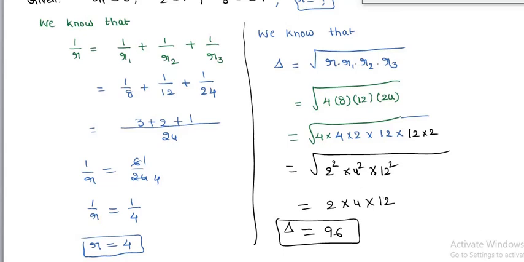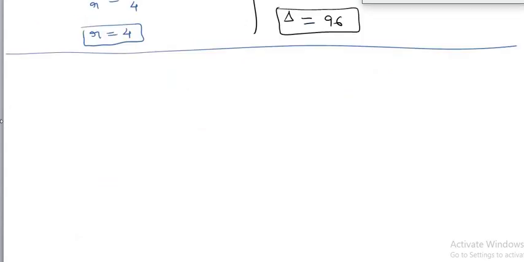Next find out A, B, C values. Sorry, first we must find out S. So write the relation formula: small r is equal to delta by S. R value is 4, delta value 96 by S. So cross multiplication, 4S equal to 96.